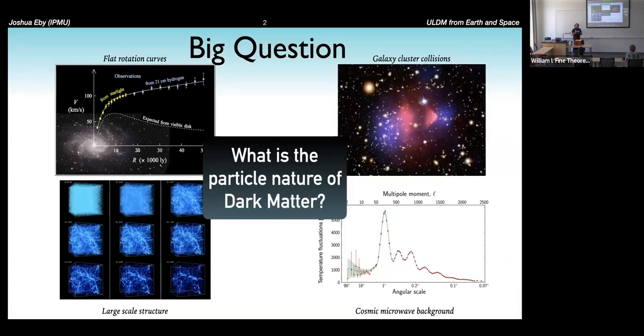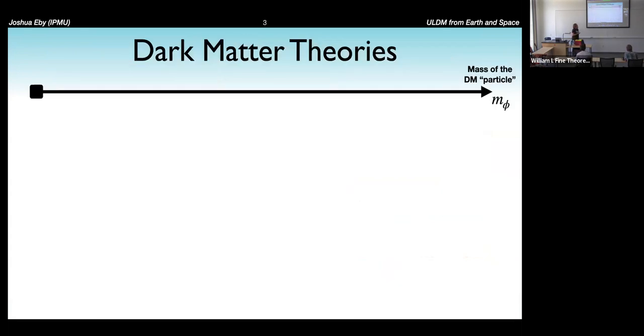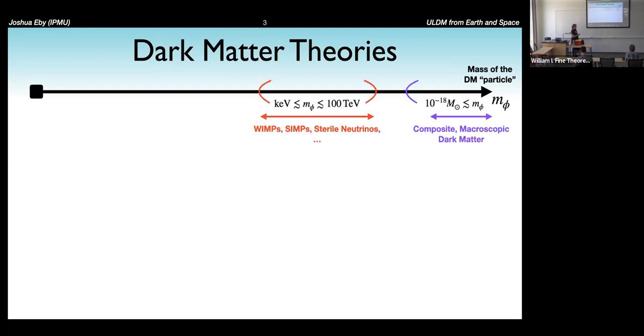I won't spend a lot of time motivating what dark matter is. There's a lot of evidence that it exists. We'd like to know what it could be. In the theory space of dark matter, you've probably seen images like this in many places. The first parameterization of dark matter models might be in the mass of whatever is the fundamental constituent. There are lots of interesting theories in the very heavy range, where you have macroscopic dark matter objects that we probe by lensing and so on.